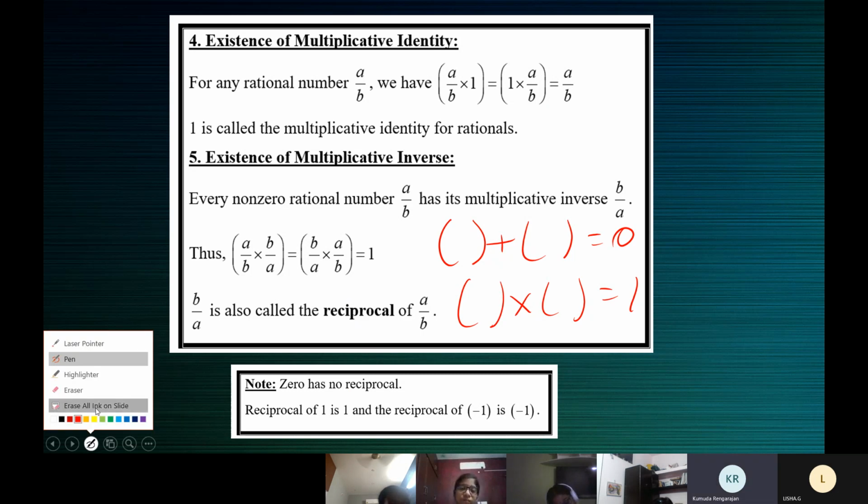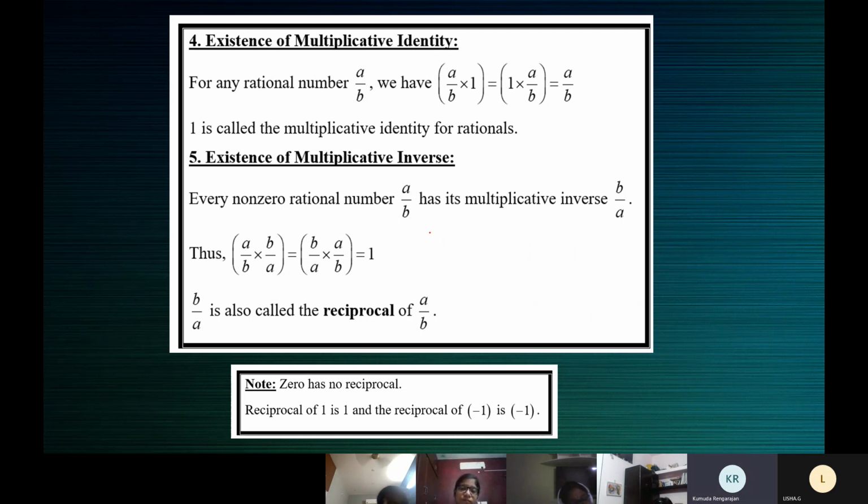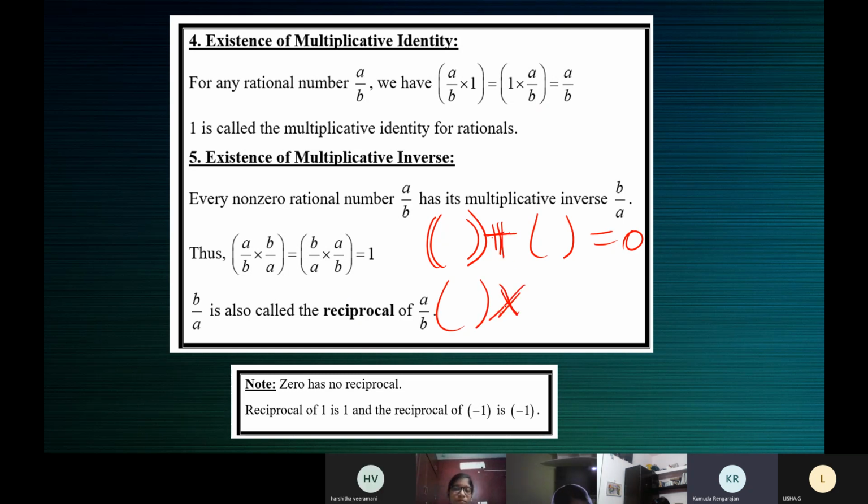For additive inverse, we should add the given rational number plus what, so the sum will be 0. For multiplicative inverse, it is rational number into, not plus, into, because multiplicative inverse.